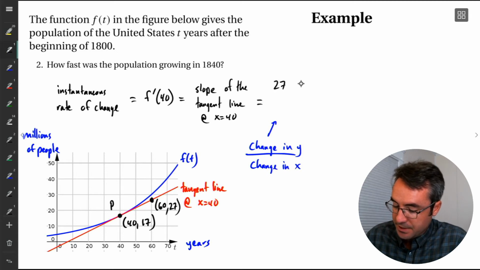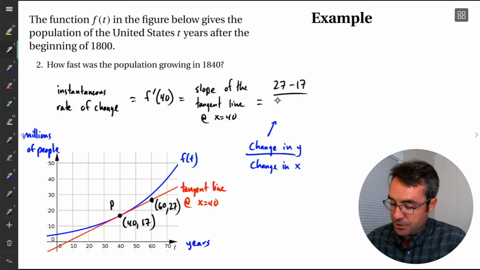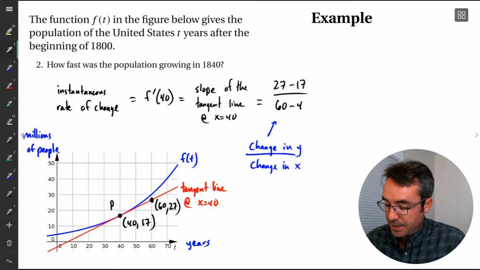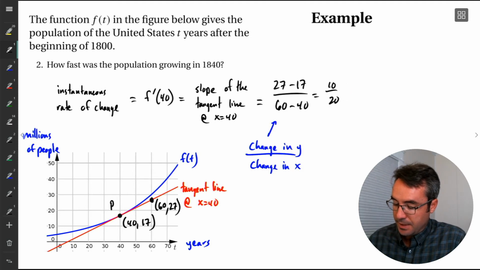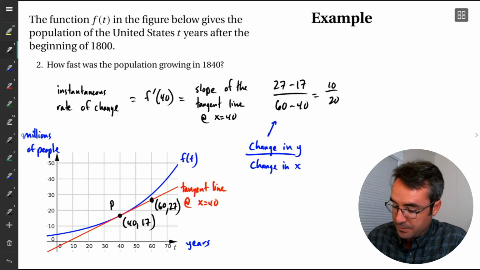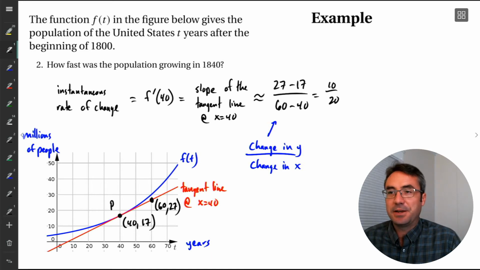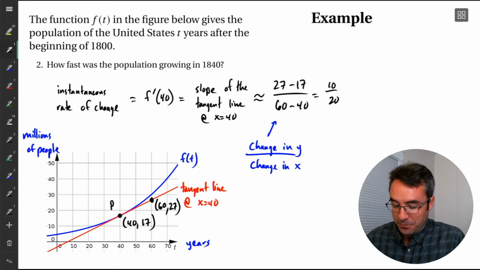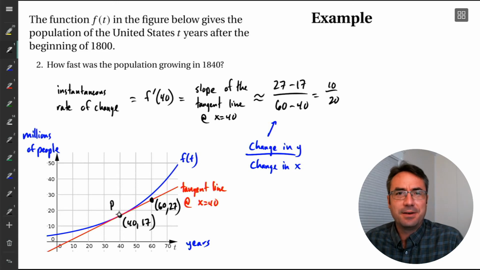Well, that would be 27 minus 17. And what's the change in x? It'd be 60 minus 40. So it looks to be about 10 divided by 20, and this is really an approximation here. We should be clear. So, we're approximating a whole bunch of times here. We're approximating when we identify the coordinates.